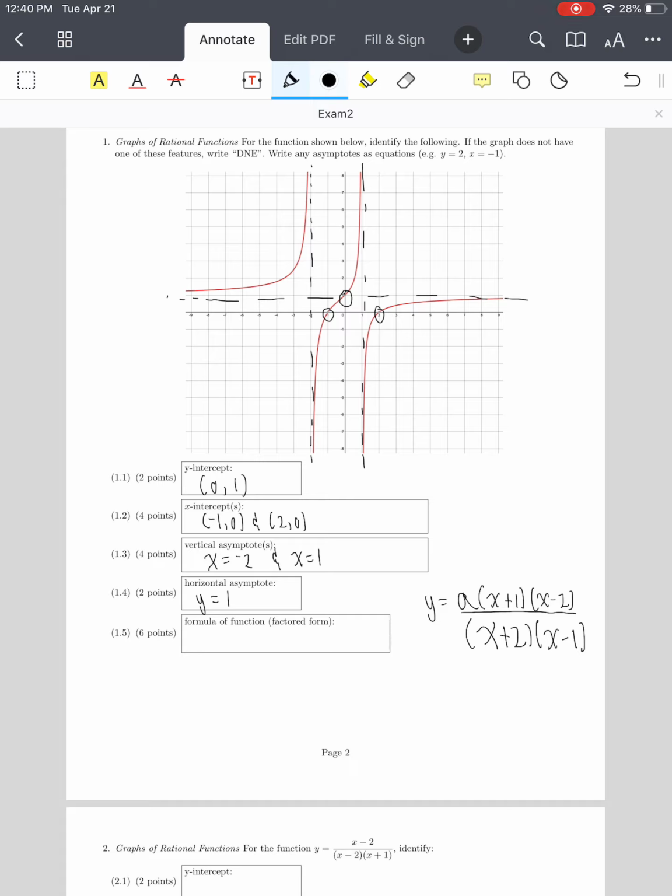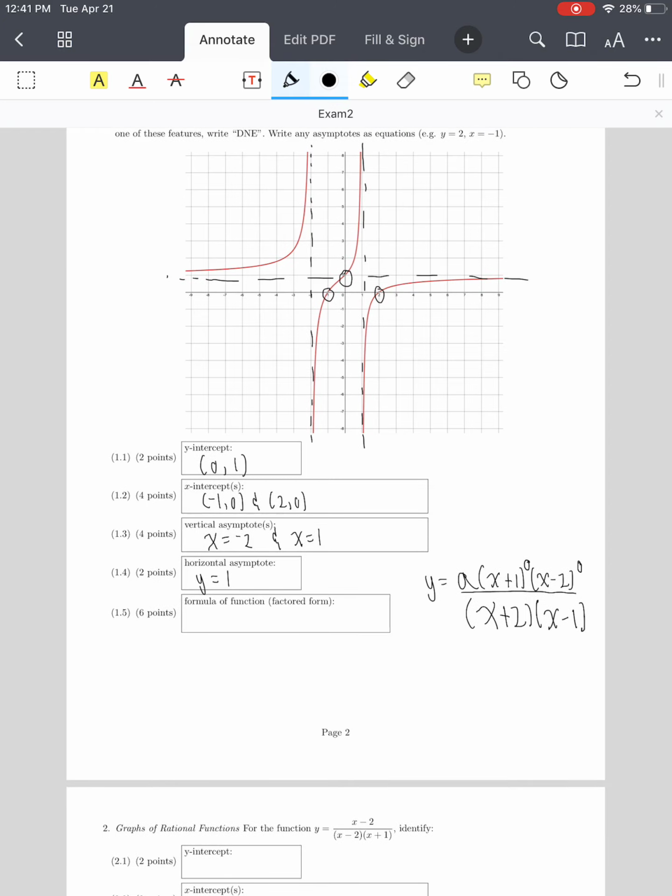For the horizontal asymptote, we just look at the x values or the multiplicity a lot of the time as well. Since there's an x squared in the numerator and an x squared in the denominator, and they both basically cancel out, leaving us with 1. That means that a should also be 1.